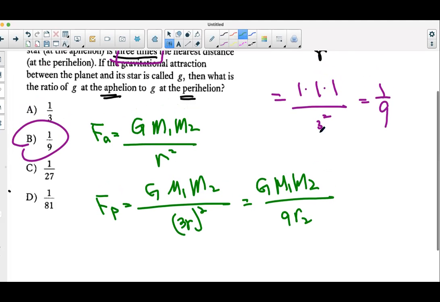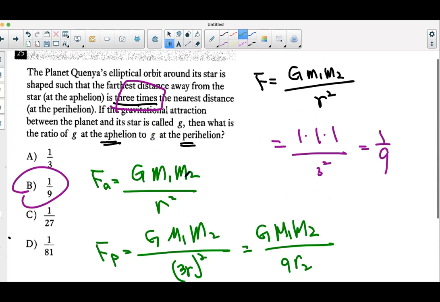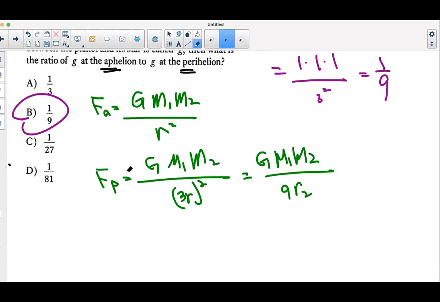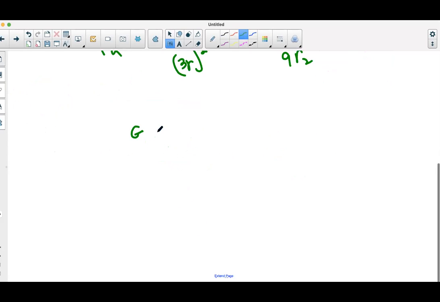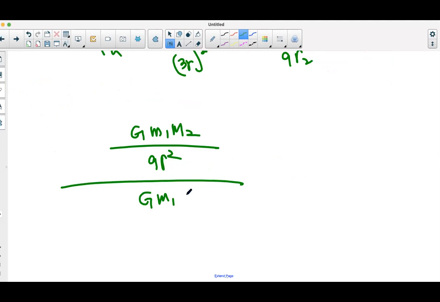So we want to see the ratio between what? Oh, actually, A is 3 times. So I have to swap these two. This is P, and this is A. A is 3 times farther away than P. So in that case, what do you guys get? I can set up the ratio of this one divided by this one, so we get G M1 M2 over 9R squared all over G M1 M2 over R squared, which now becomes 1 over 9. So you could have done it this way.